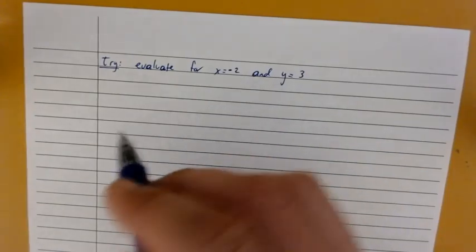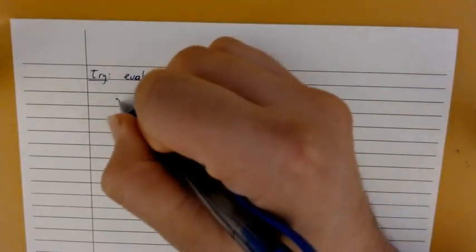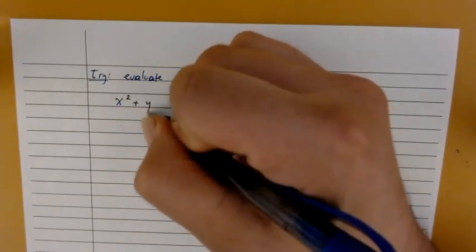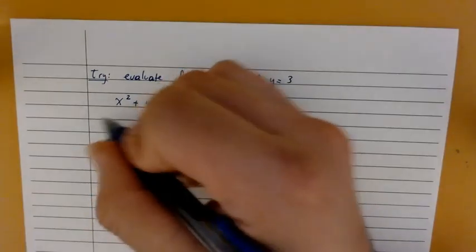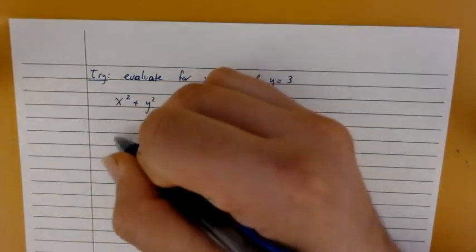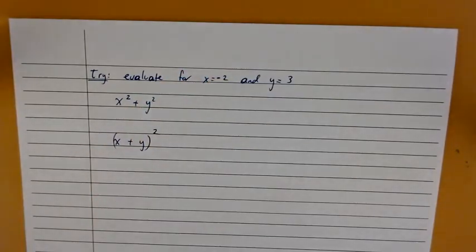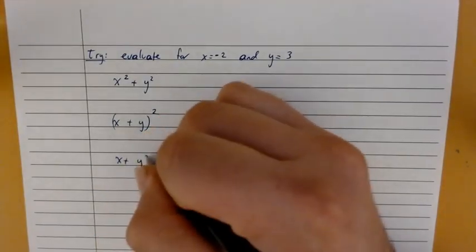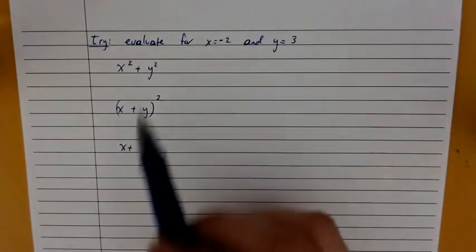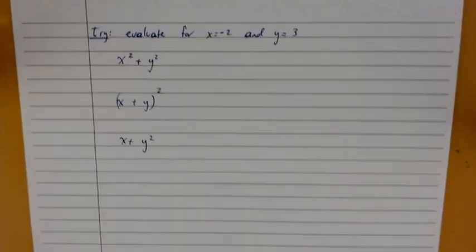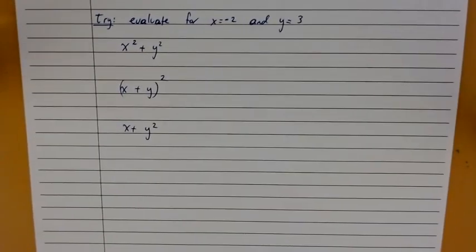Okay, so let's use x squared plus y squared. We'll compare that to (x plus y) squared, like that, and also x plus y squared. All right, so try those 3. These are different. So go ahead and pause the video, evaluate these 3, and once you're done, go ahead and unpause and we'll go through them together.